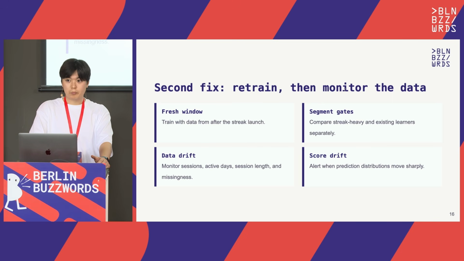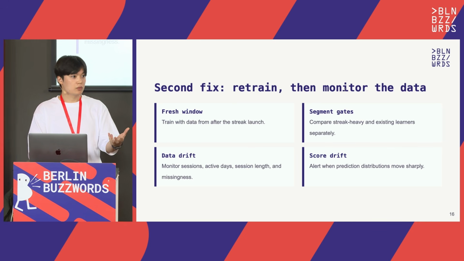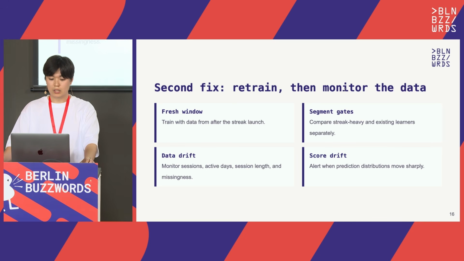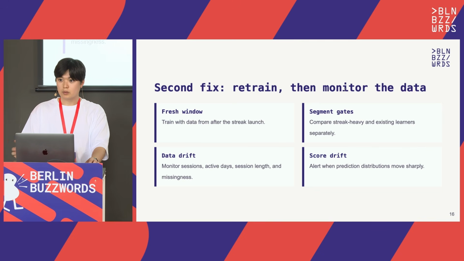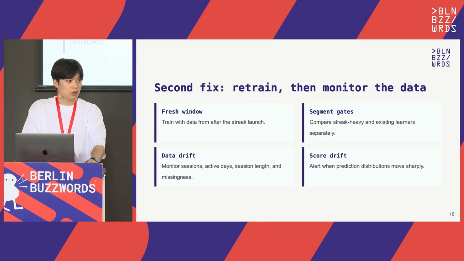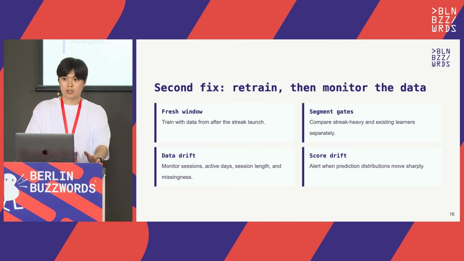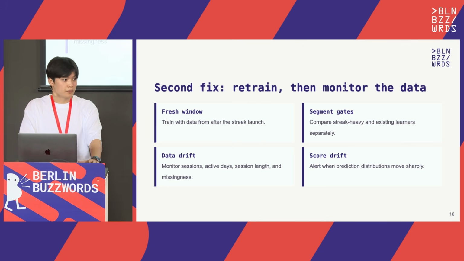By checking how the data distribution of the features behaves through time, we can spot if some important changes affected the users. It can be not only app-forced changes like this streak feature, but also external changes in the world.